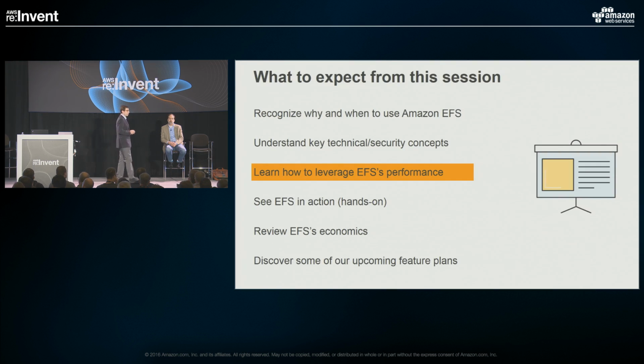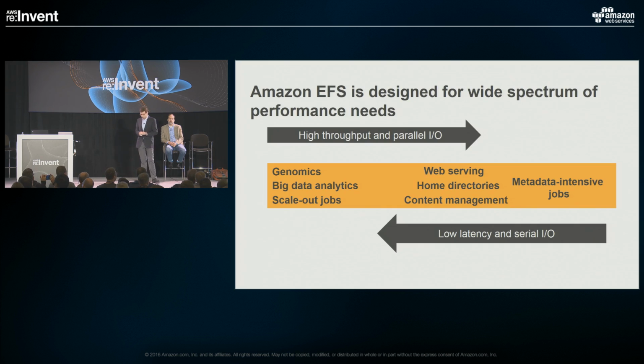Okay, so let's talk about performance. EFS is designed for a wide spectrum of performance needs. If you think about a typical way that people think about performance across a spectrum, on one side you have applications and workloads that drive high levels of throughput, often from many instances, so a lot of parallel operations.